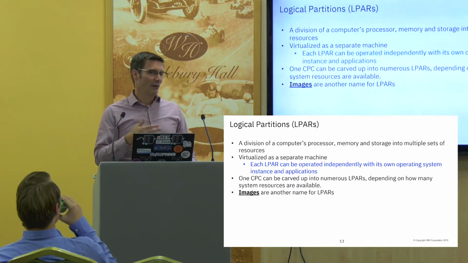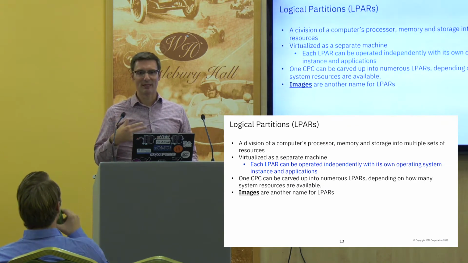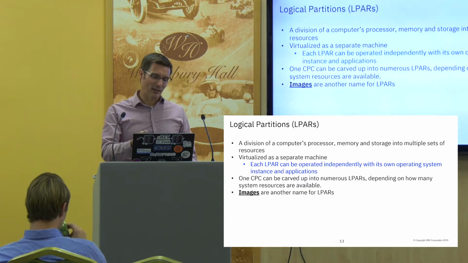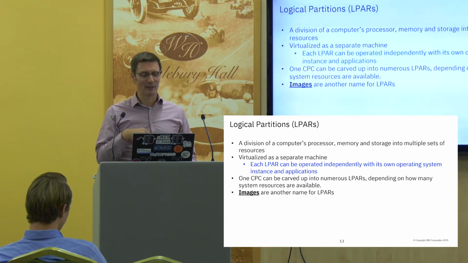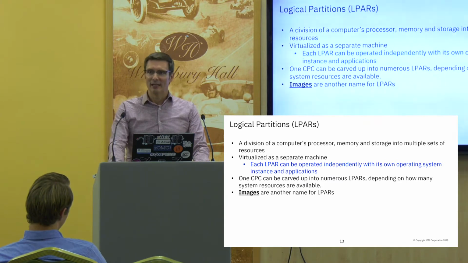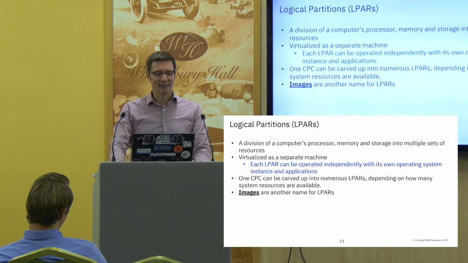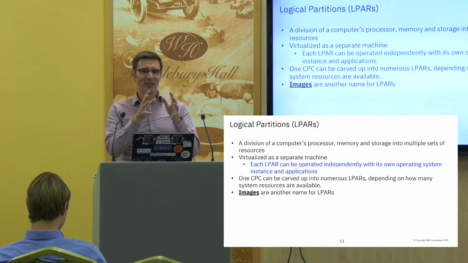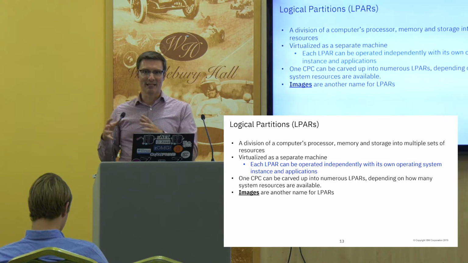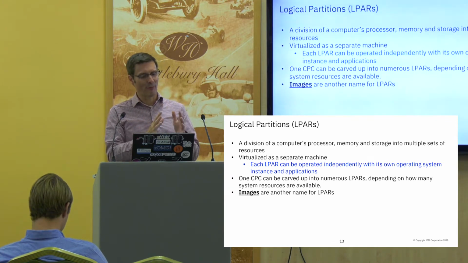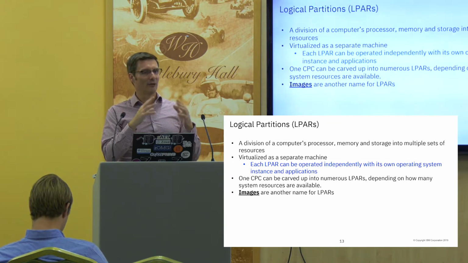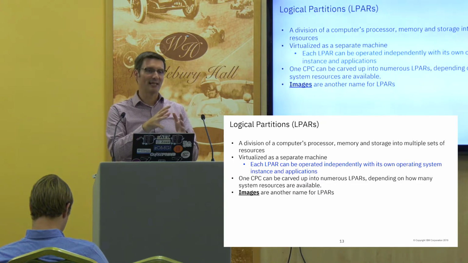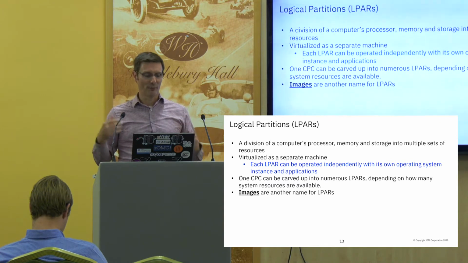Now, again, from other sessions we've given this week, in an intro to z/OS, we talked a little bit about what a logical partition is, but just for a recap, a logical partition is simply a way to virtualize a bunch of machines that look almost like their own CPCs. They can have their own processor, memory, and other resources that are dedicated to that machine or that are shared amongst many different LPARs.